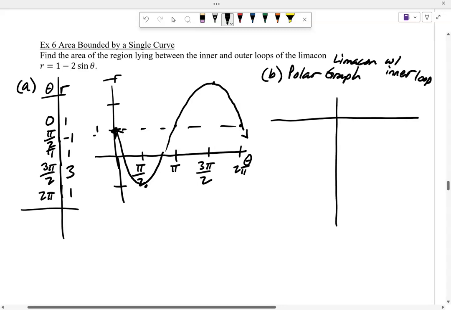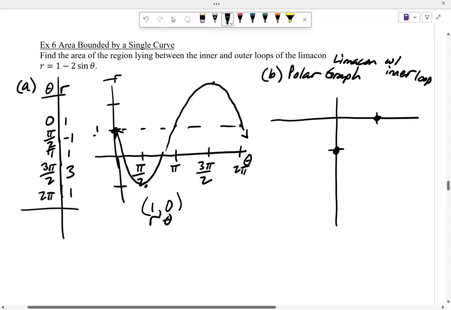Let's go ahead and do a few points here. If r is 1, theta is 0, I'm out 1. Theta being 0, I'm not rotating, but I'm out here at 1. Let's do pi halves, negative 1. So pi halves, and then opposite, negative 1, I'm right there.